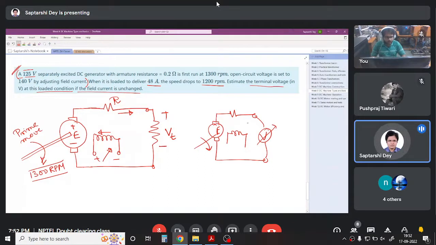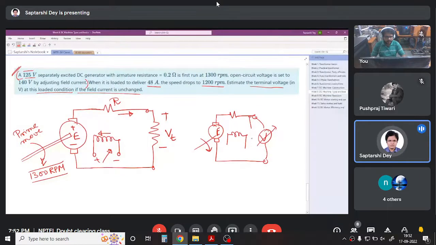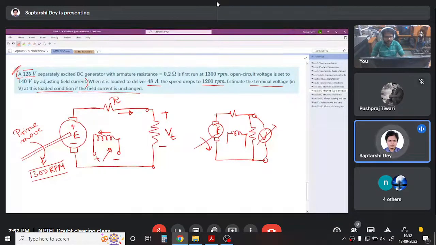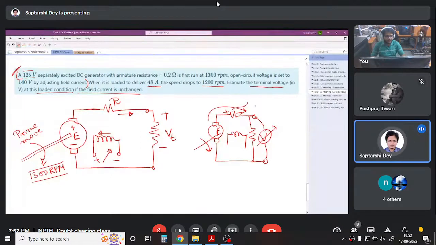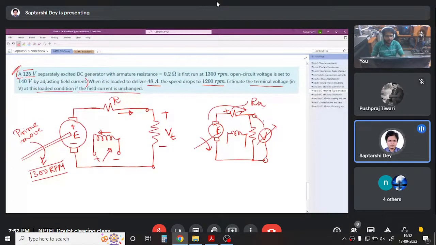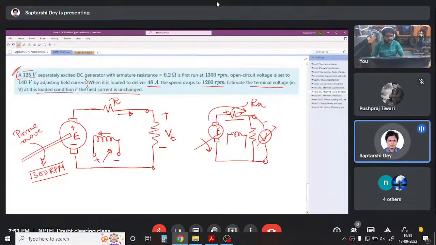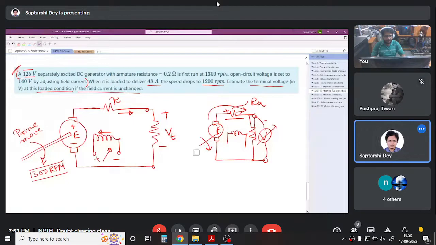As soon as a load is connected here, a current comes and there is a drop, so you cannot measure the EMF anymore. If you know the armature resistance value, you can add or subtract the voltage drop with the terminal voltage and then find out the EMF. In this example, we will see how we do that, and in the next example also.